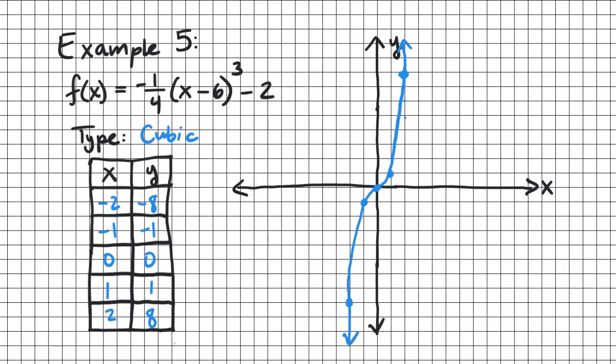So now, let's look at the transformations that are happening. There is a negative 1/4. So this is a combination.